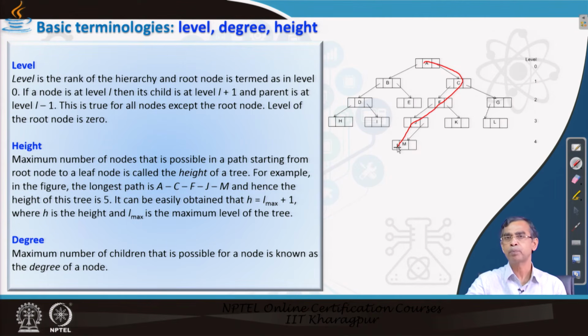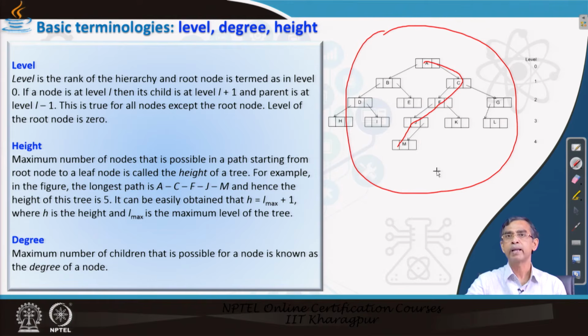There may be more than one longest path, that means paths of the same large length. Now how many nodes do you visit? 1, 2, 3, 4, 5. So, we can say that for this binary tree the height is 5.